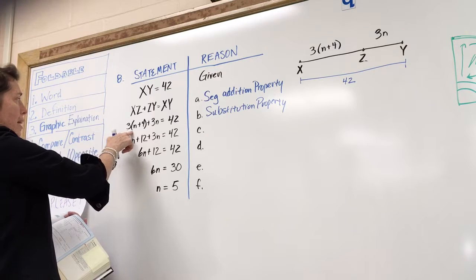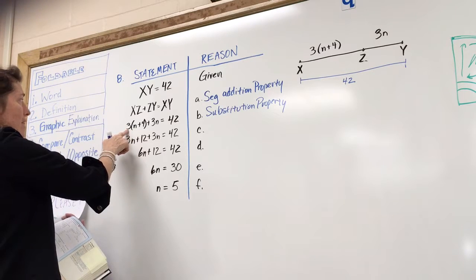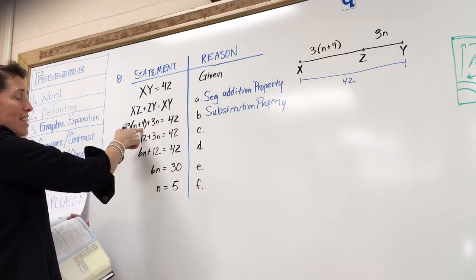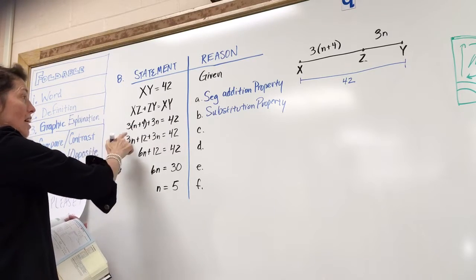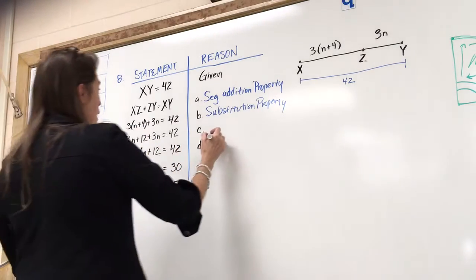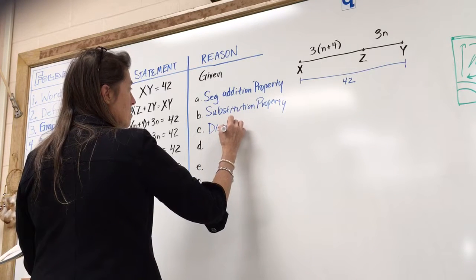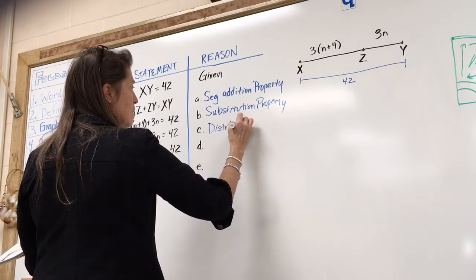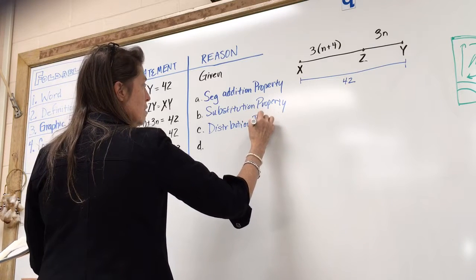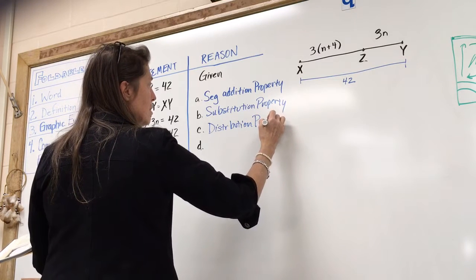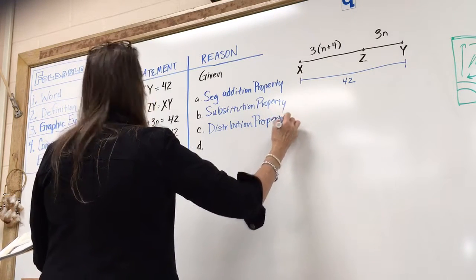C. We took the 3 and we multiplied it times the n, the 3 times the 4. We've seen this in number 7 and in number 6. This is called the distribution property. I don't know if I spelled that right, but distribution property.